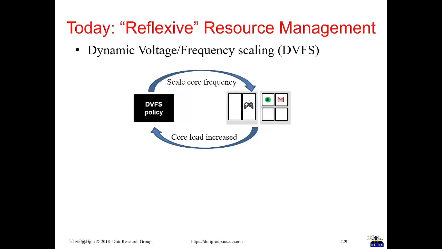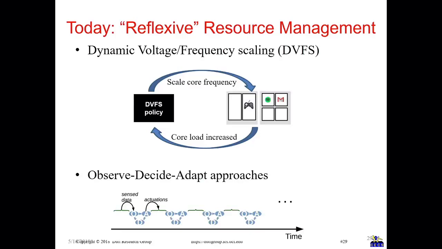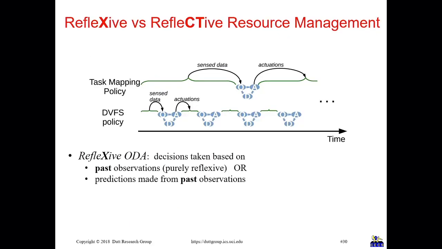So a lot of today's policies that we see are indeed inherently reflexive, and they're reactive, because they're control loops where you build a model, you sample what's happening, and then you act in the future. And so this is typically what we think of as an observe, decide, act loop. And so in this model here, you do some sensing, you do some actuation, and then you may do that at different time scales depending on the policies.